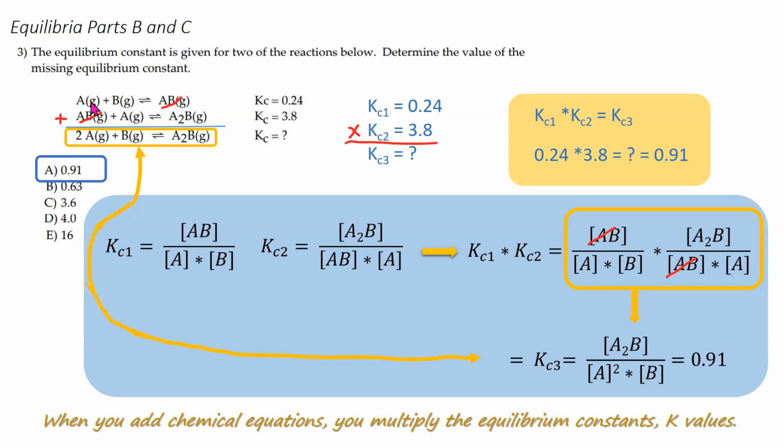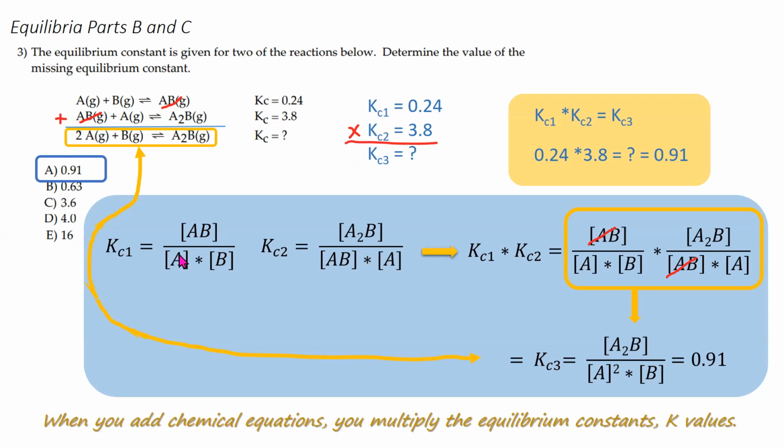So we get the A plus the A, so that's 2A, the B, and the AB's cancel out because I've got 1 on this side, 1 on the other side. And the A2B comes down here. So this K is a result of adding these 2 together. So when we add equations together, we multiply the K values. So the 0.24 times the 3.8.